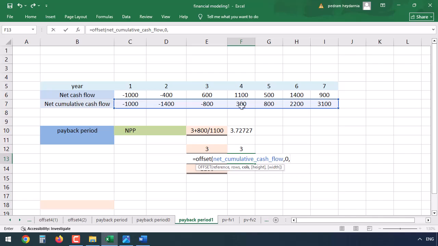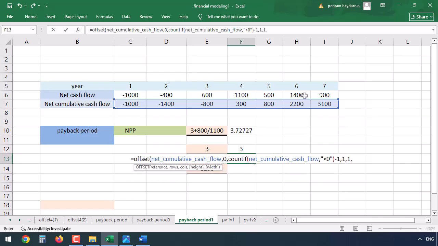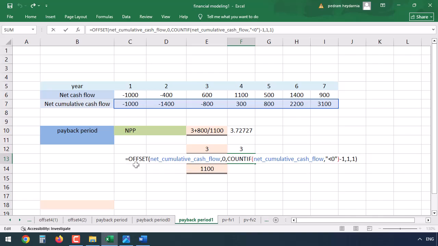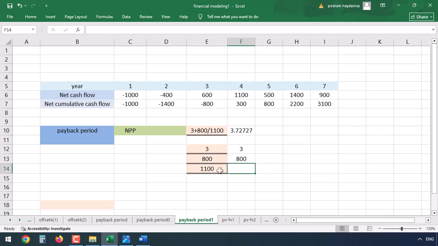So I say 3 minus 1, and it's better to write COUNTIF, parentheses, net cumulative cash flow, comma, criteria, less than 0, parentheses closed, minus 1, and I want a 1-by-1 range, and it shows me the number 800. Now, since the number 800 is shown as negative here, we'll write a negative sign at the beginning of our formula, which I'll explain to you later.